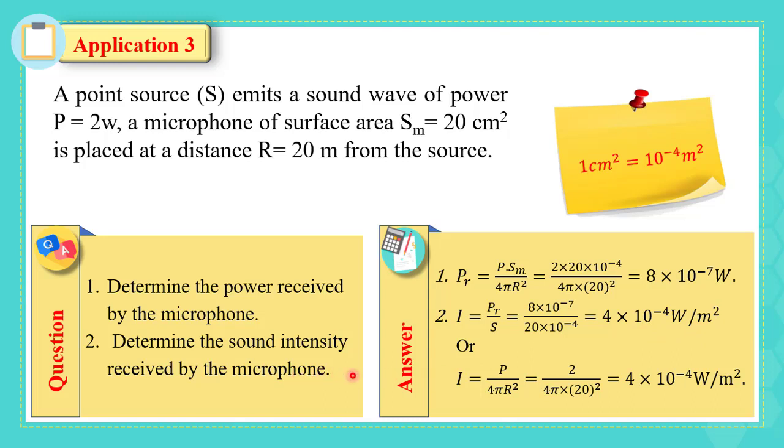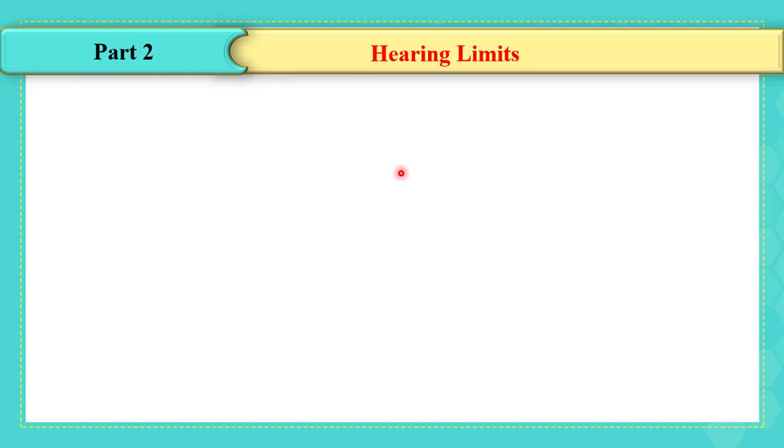Okay, it's known that the human ear has certain hearing limits concerning frequency, at which sounds of frequencies between 20 and 20,000 Hz are heard. However, the ear does not hear sound if its intensity is lower than a value called the threshold of hearing, and it begins to feel pain if the sound intensity exceeds a certain value called the threshold of pain.